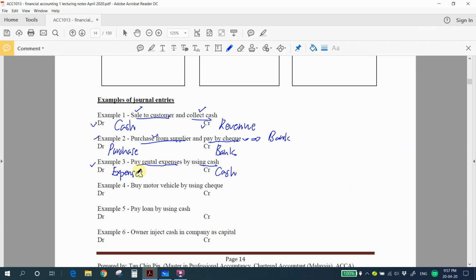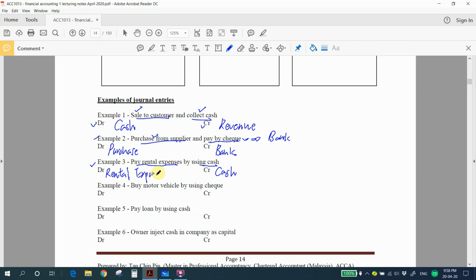And these expenses, to be more specific, we shall use rental expenses. Why can we not just use expenses?